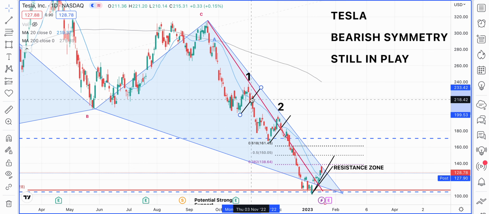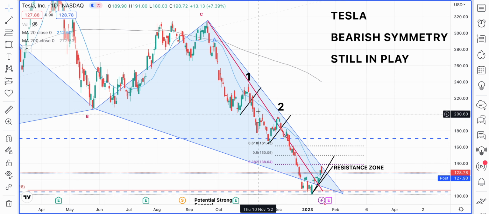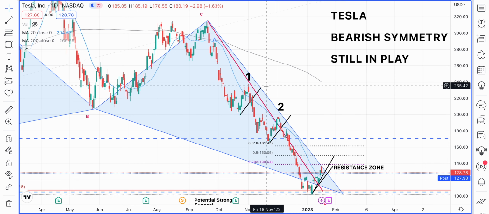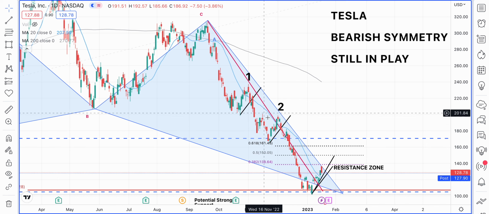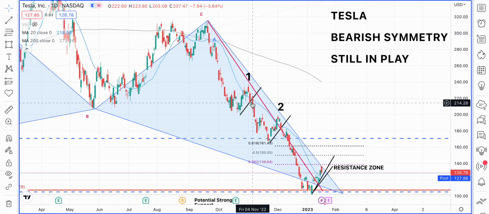So the stock was trying to rally, but in a bear move, and every time it was finding resistance after a move of about this many points, and that move repeated in terms of resistance. This is what is known as the bearish symmetry.